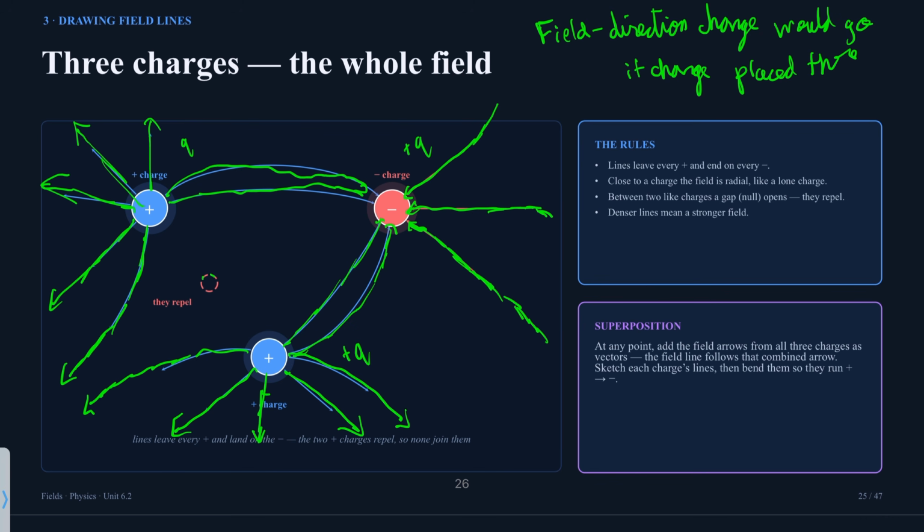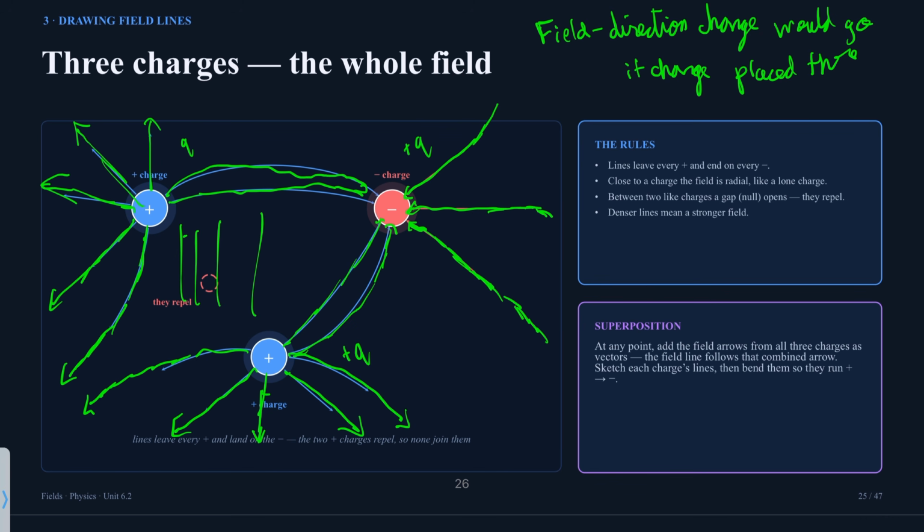Over here, if you place any charge here, an electron or a proton, it's not going to feel any force because there's no field there, right? And the second you place something there, if it is an electron, it would be attracted to both of them, okay? If it is a proton, it would be pushed away from both of them. So either way, they both cancel because it's at the same distance from both the protons, right?